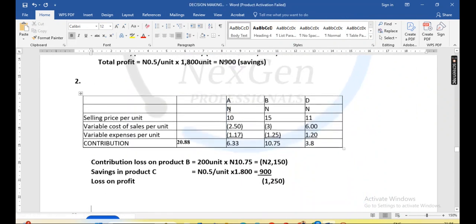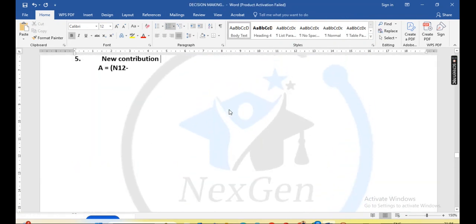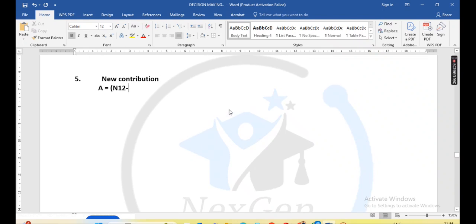So therefore, we go back, and don't forget, sales minus variable cost. The first figure is 12, minus 2.50 and 1.17. These two, 1.17 and 2.50, are the variable costs. Let me write it, because I know someone will still ask me.